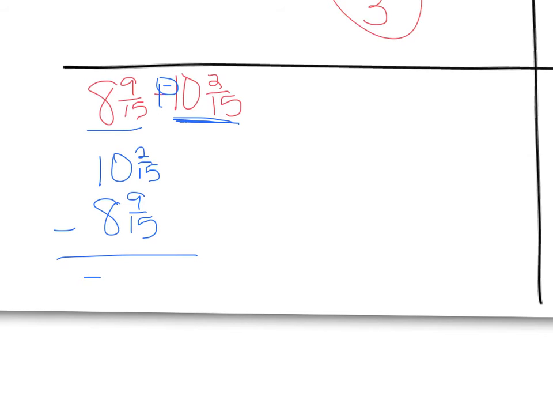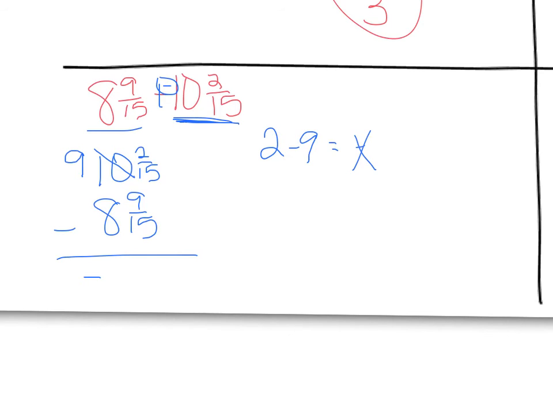For this one, I'm going to look at my fractions first. I want to take 2 minus 9, but that's a smaller number minus a larger number, which is going to give me a negative answer. Whenever we're talking about fractions with mixed numbers, that's not going to work. Instead, we want to borrow from the whole number. So think about borrowing whenever you're subtracting just regular numbers. If you borrow from the 10, it becomes a 9. Now think about this.